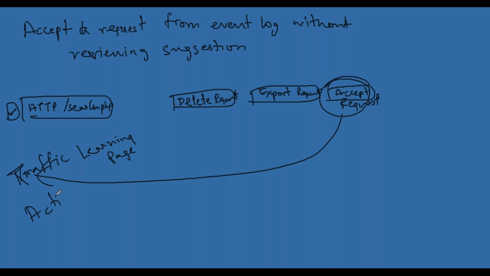So you don't have to go to the learning page and then click on accept from there. Instead, from the event logs itself, if you see that this request is valid or has to be added to the security policy, you just click on accept request. So it takes the action which is defined in your learning suggestion.